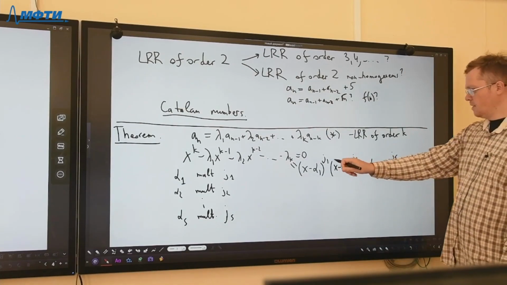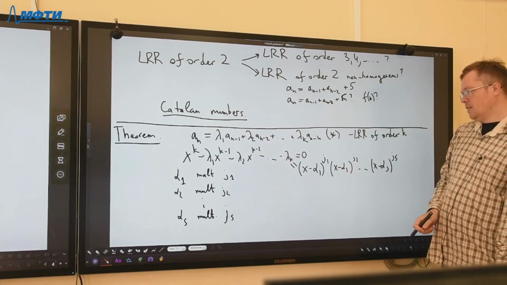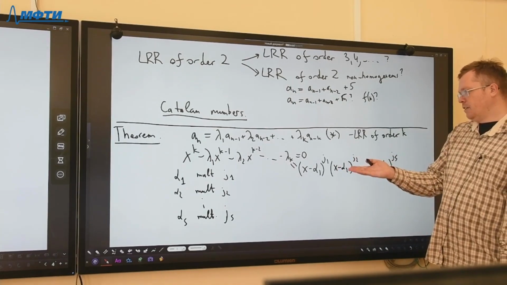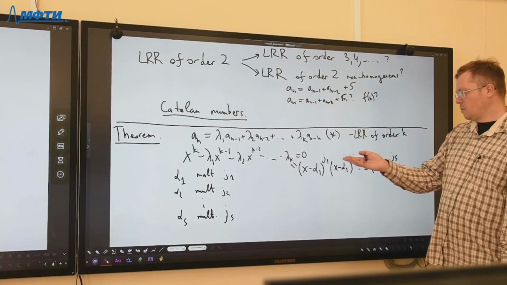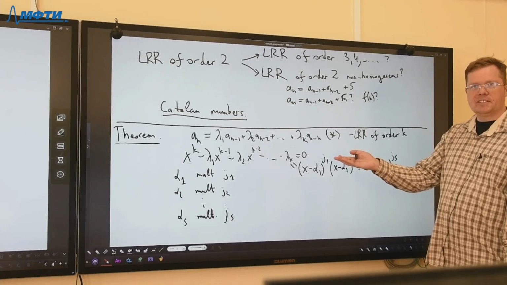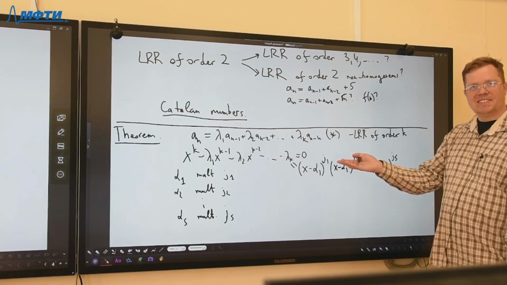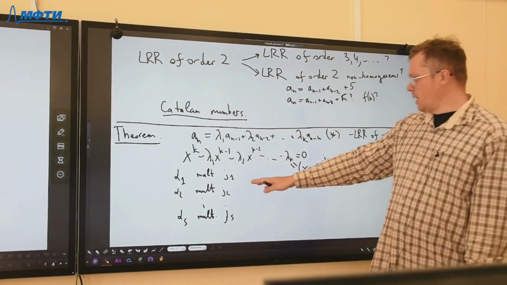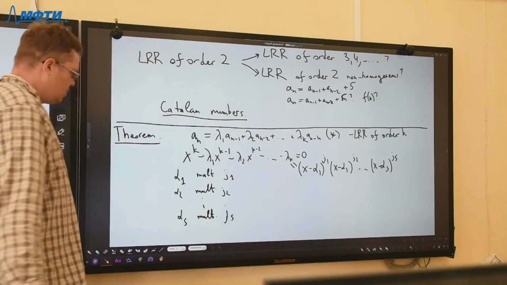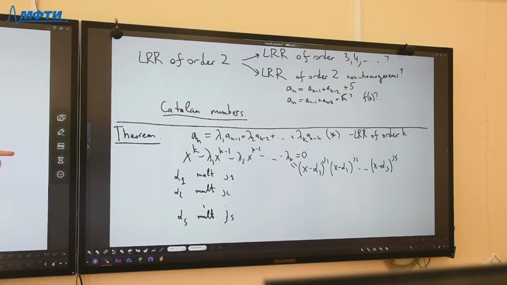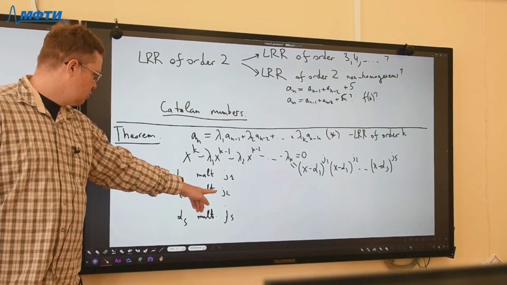I know in some books they call it degree or multiplicity. Okay, so the multiplicity of alpha 1 is j1, the multiplicity of alpha 2 is j2, and so on.